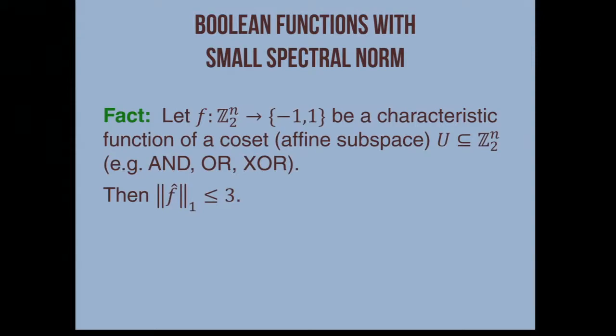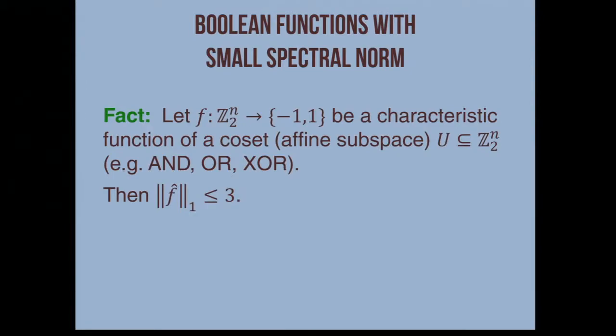Let's give a large family of functions with small spectral norm. If you have a function which is an indicator function, or characteristic function, of a coset or an affine subspace of Z2 to the n, then its spectral norm is constant. It's at most 3. It doesn't matter what n or the dimension is.